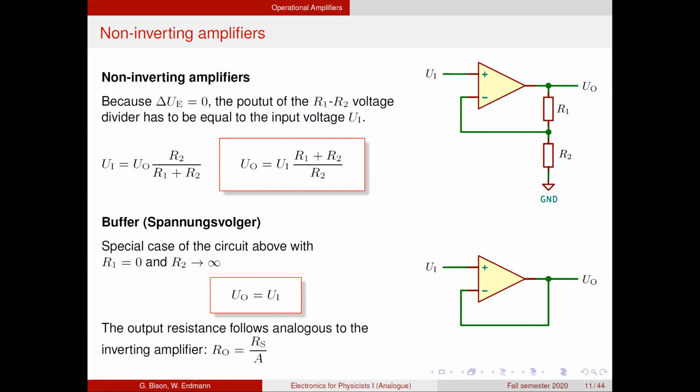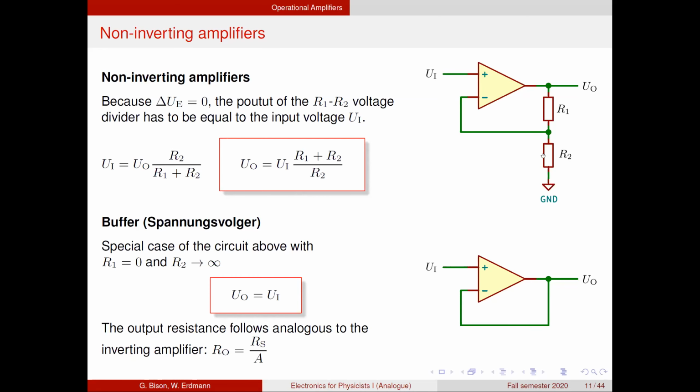Calculating that is really, really easy. It's just taking the output voltage times the voltage divider ratio and saying that that is equal to the input voltage, and then we turn that around and see that the output voltage is actually amplified. A special case of the non-inverting amplifier is the buffer, where we replace this resistor with a short circuit and this resistor with an infinite resistor. So we just remove it.